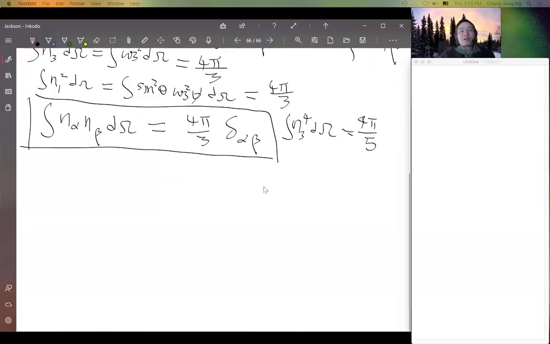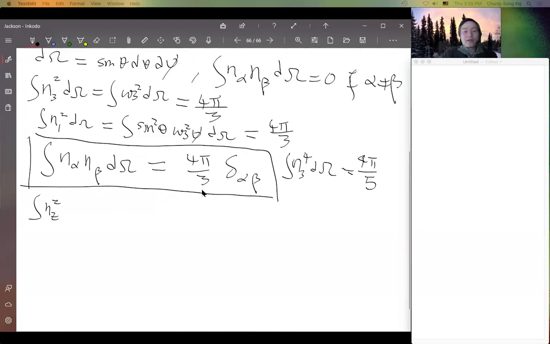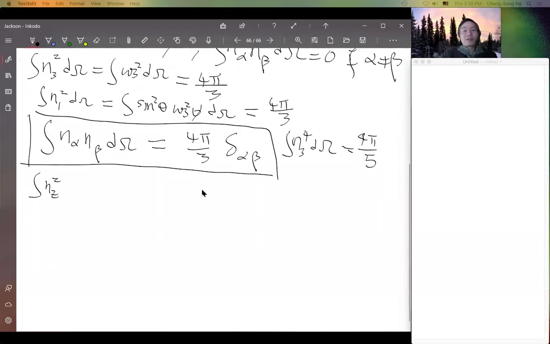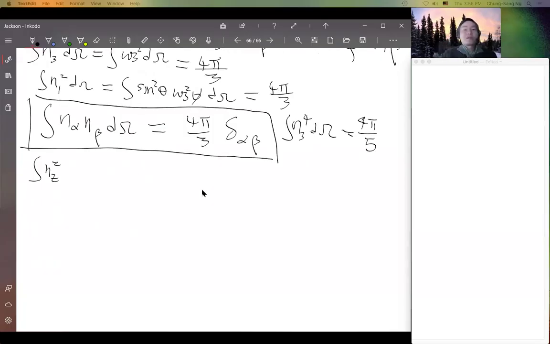And the other non-zero term will be n3 squared, which is cosine squared theta, multiplied by either n1 squared or n2 squared. One trick is that instead of integrating those separately, you can take n3 squared times n squared d omega.